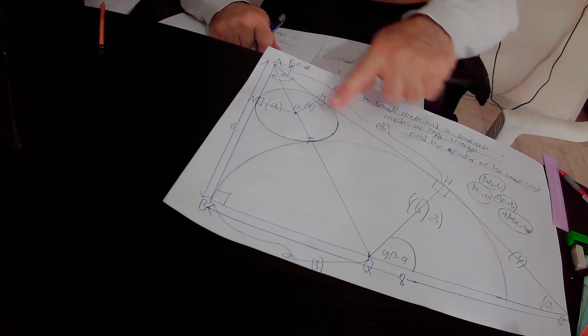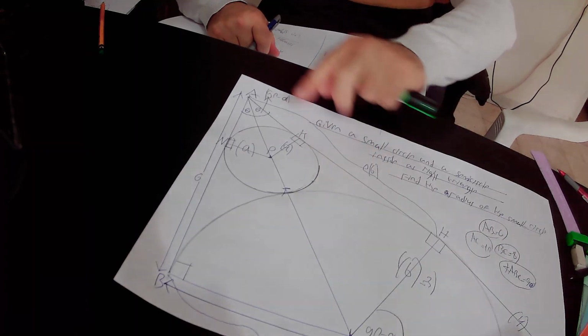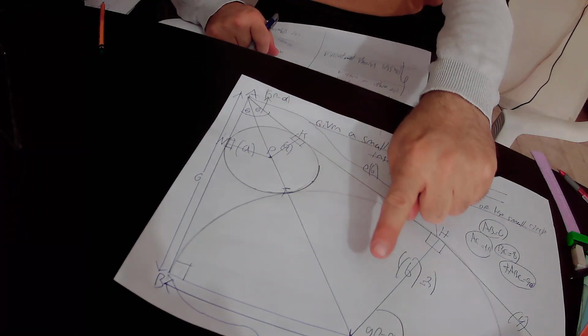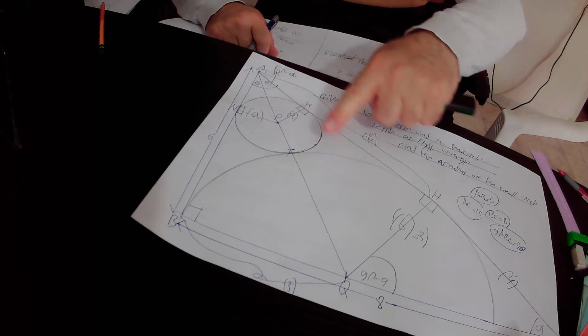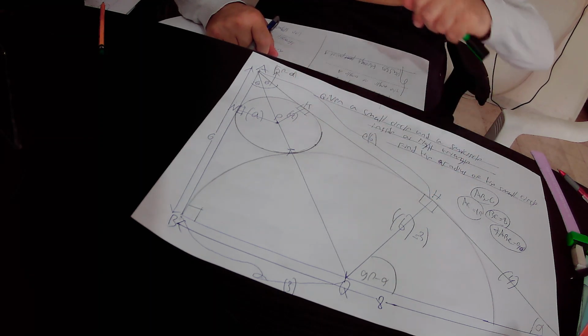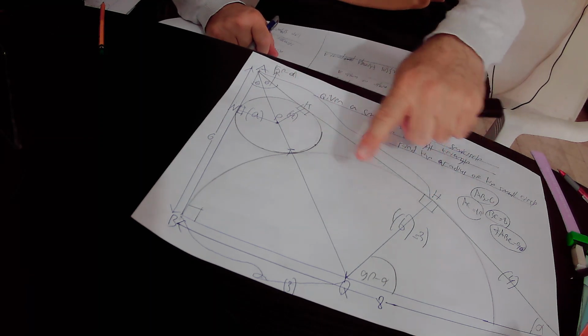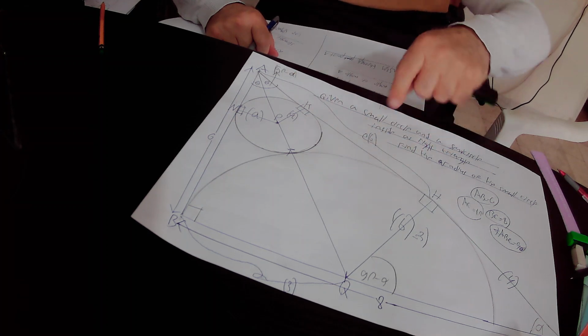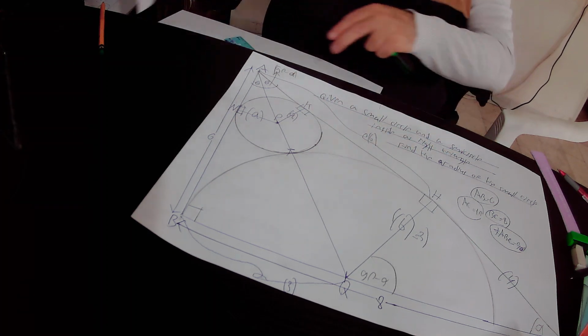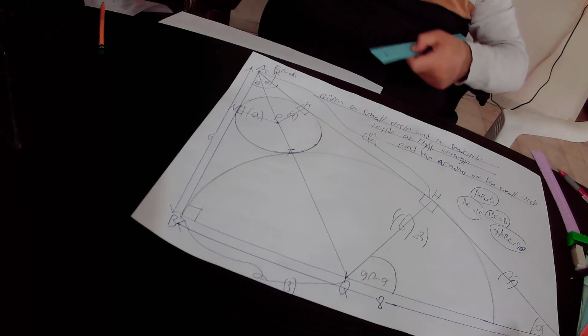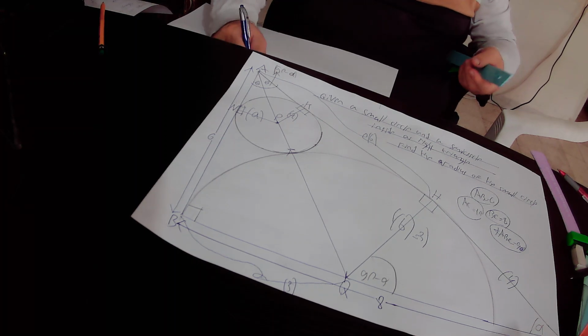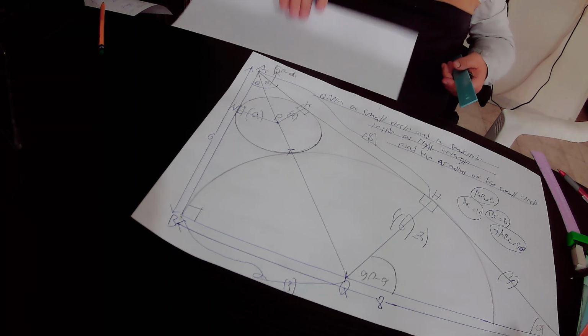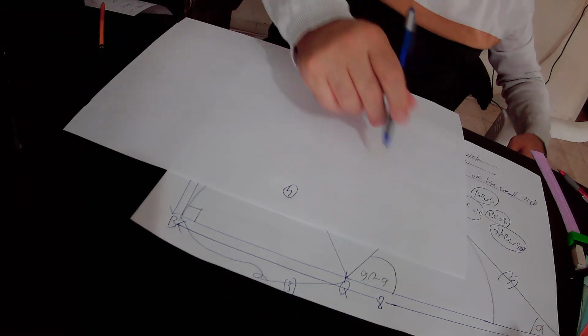So actually this is line segment APQ, and this line segment APQ is one straight line. If line segment APQ is a straight line, it means that AQ is also a straight line. So write it down. AQ is a straight line.